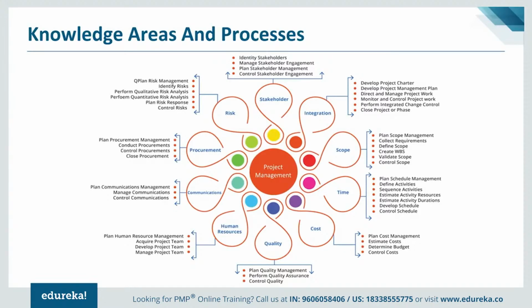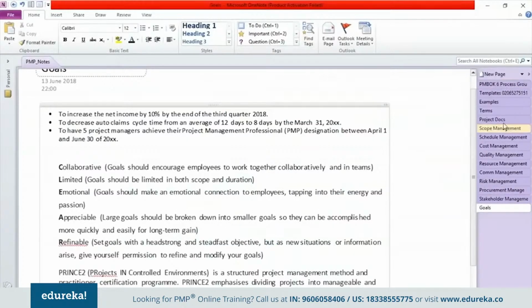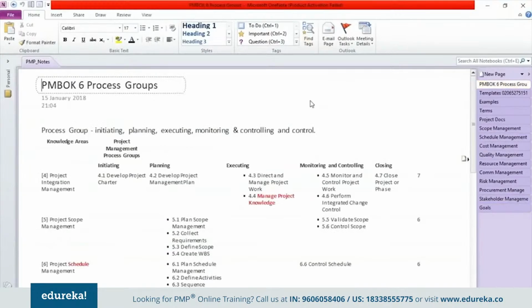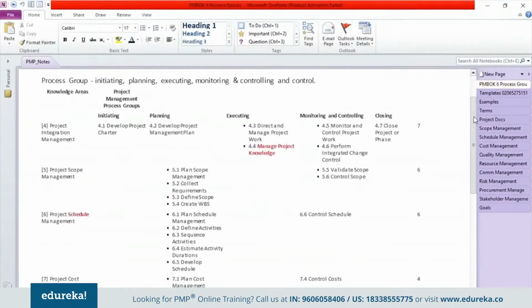And of course, there are process groups. So those process groups will be your initiating, planning, executing, monitoring and controlling, and closing. So these are the process groups, and all these knowledge areas and processes are actually going to be a part of these process groups. So maybe I would like to just very quickly show you this.